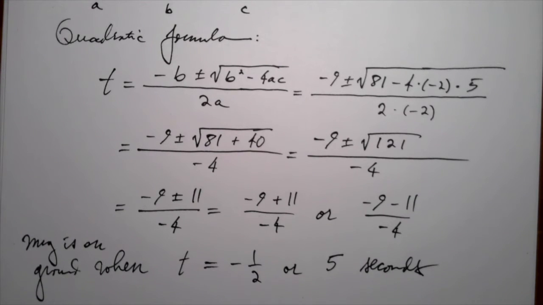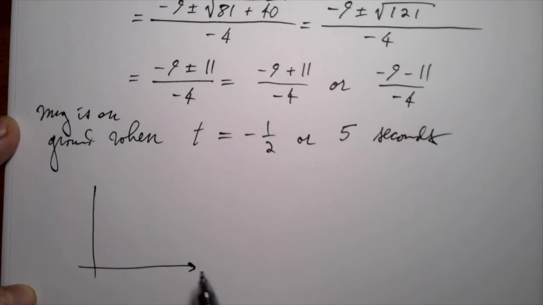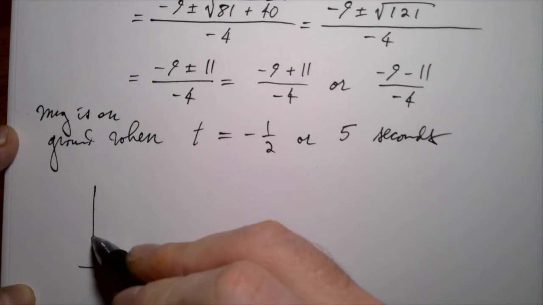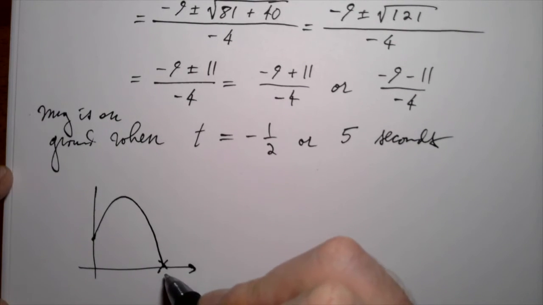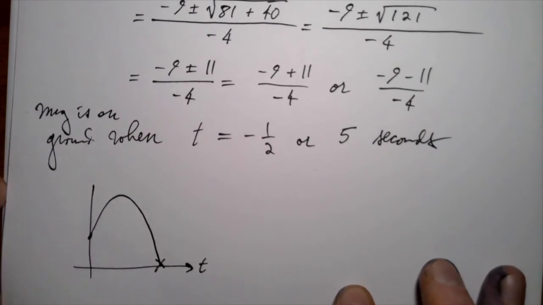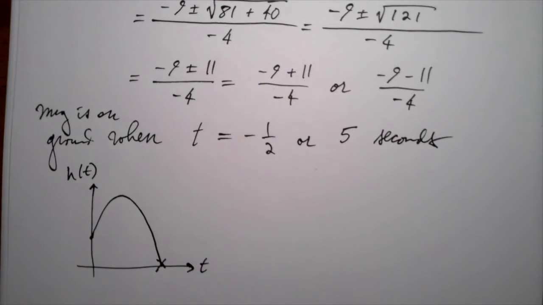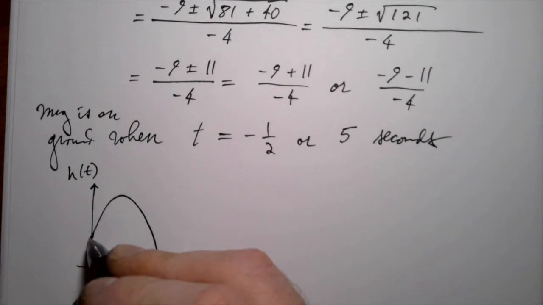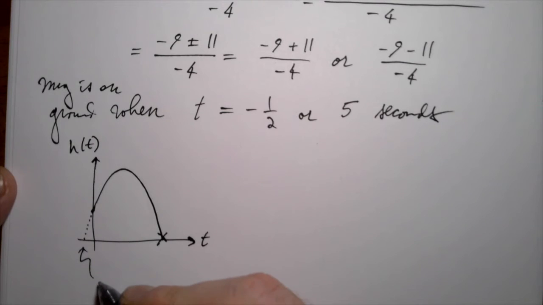Now, what's up with minus time? How do we make sense of that? Well, remember the graph of our function. We were actually starting at a height that was positive, and we want to know when it hits the ground over here. This is the trajectory of our mug as a function of time. So that t equals minus 1/2 is just a sort of artifact of the model. It's not actually a real thing that's happening.